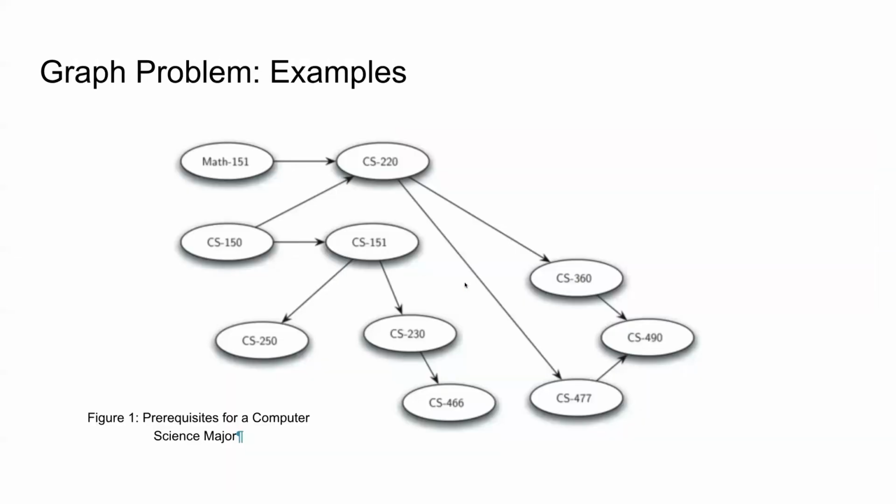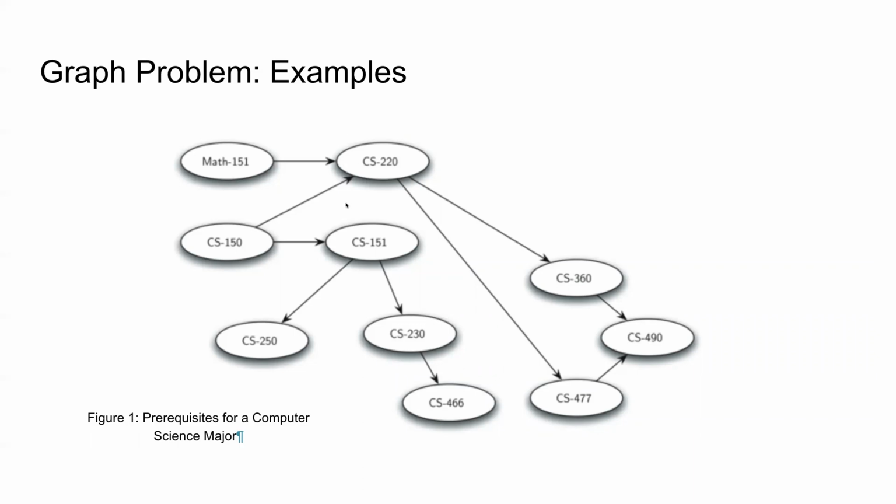And then there's another example. If you are in a computer science department and there's a bunch of courses, and of course, there's some prerequisites for each course. Like, for example, CS220 has two prerequisites, Math 151 and CS 150. So given the prerequisite of each course represented by a node in the graph, how will you compute an order where if you take the courses in that order, you will complete all the curriculum in, for example, the CS department, right?